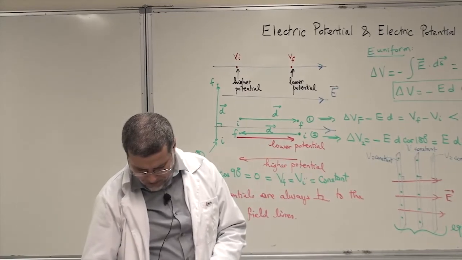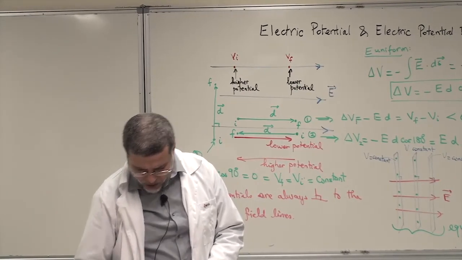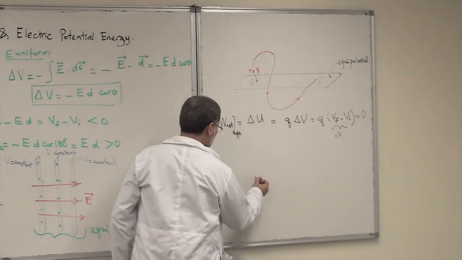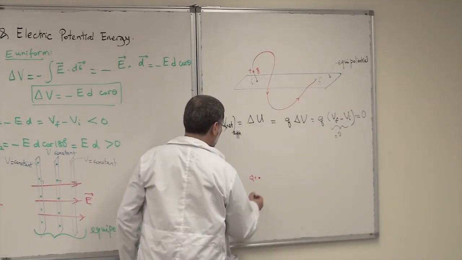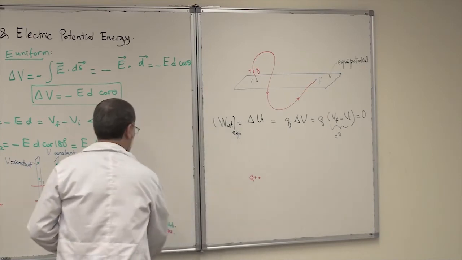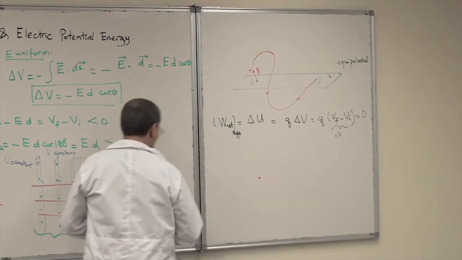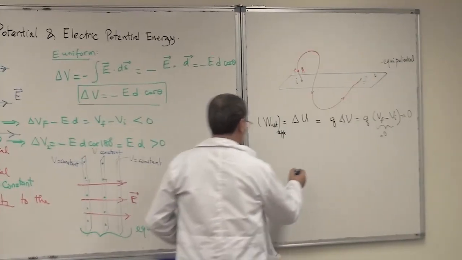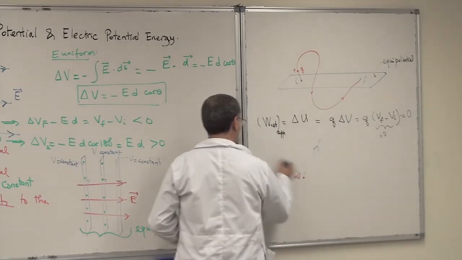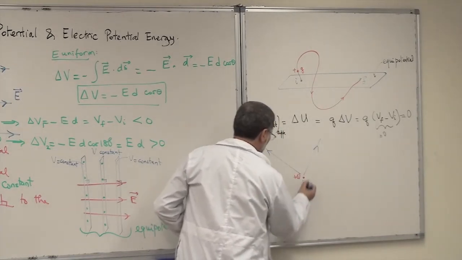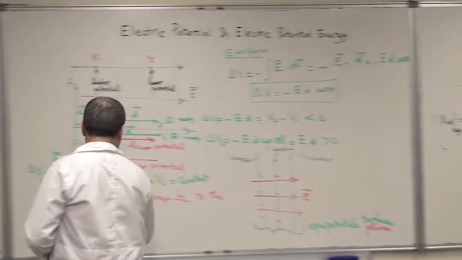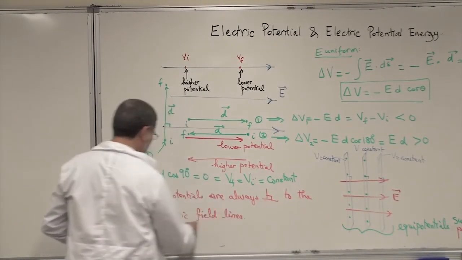Now let me show you the equipotential when you have a positive point charge. So I have a point charge plus Q, and you know that the electric field lines in this case are radially outward. You know that very well. Let's now draw the equipotentials. We said that the equipotentials are always perpendicular to the electric field lines.